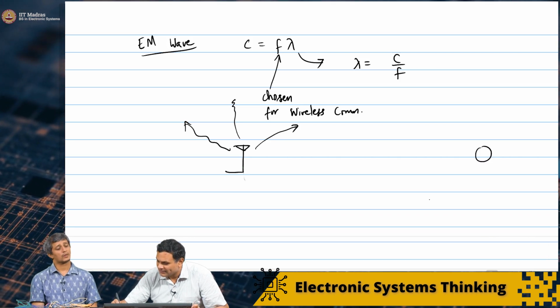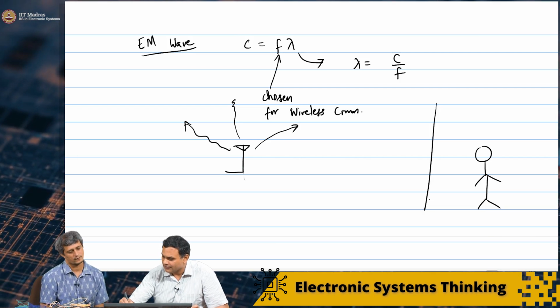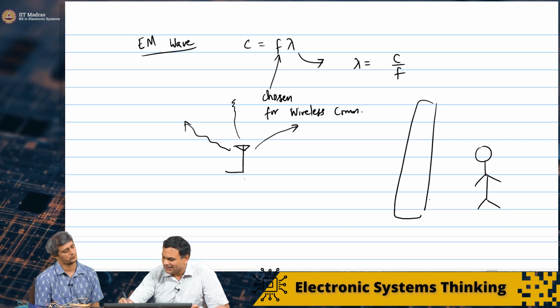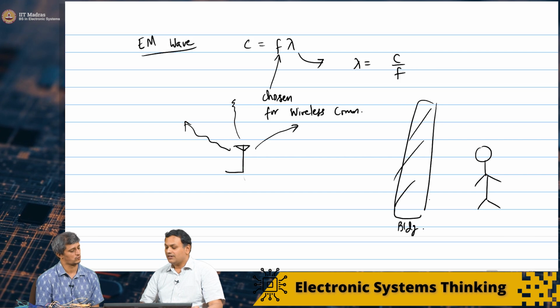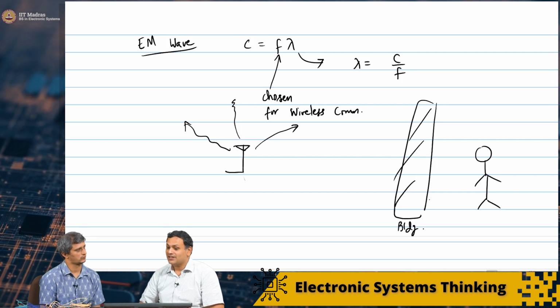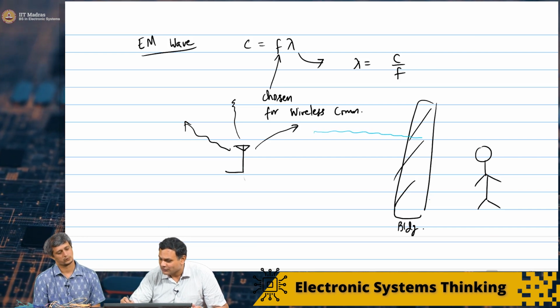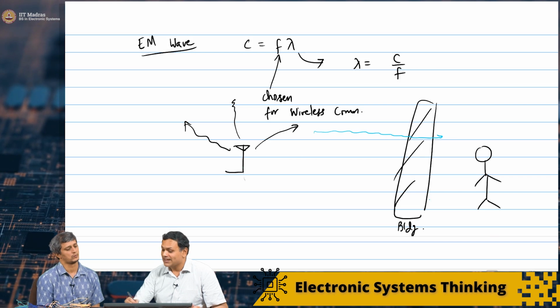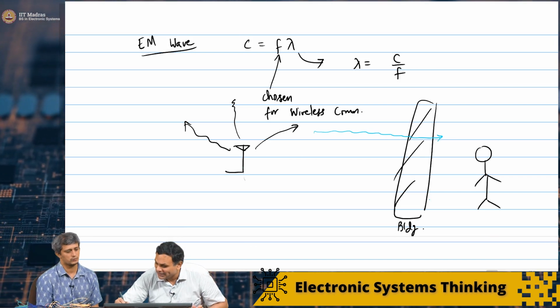The user is standing here, and there is actually a tall building here. Now, if you have a low frequency signal, there are two things that work in favor. One of them is that it is able to penetrate, because there is an electromagnetic property called skin depth.